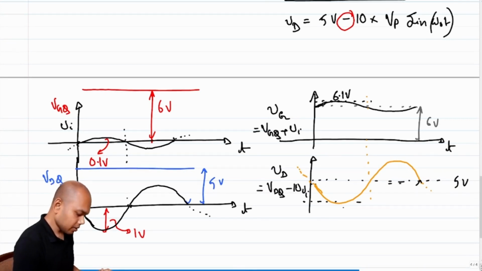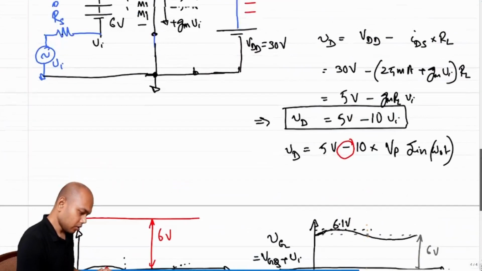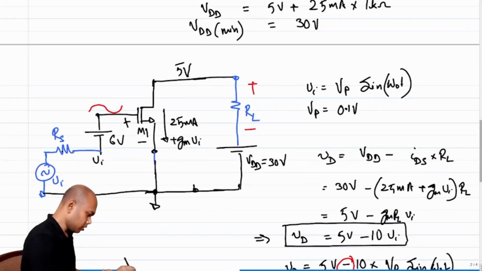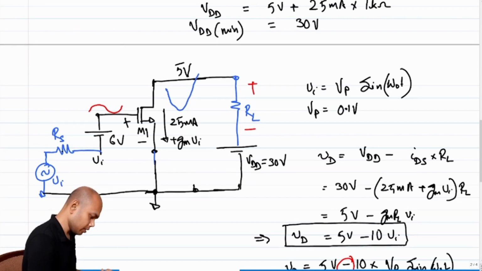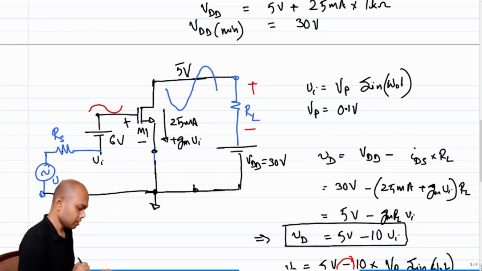So let me just remove this line and just call this a 5 volt line. So if this is 1 volt, what is the minimum drain voltage? This is at 4 volt, correct? So the drain voltage here is doing just the opposite. The drain voltage is doing like this.